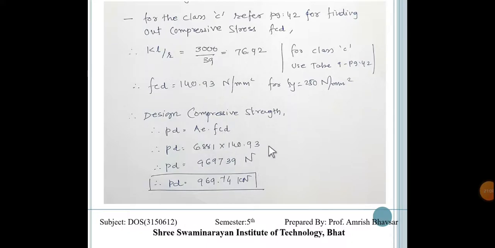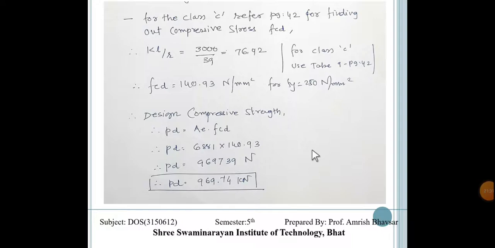Multiplying these two values, we will get 969.74 kilonewton. This much load can be carried by the ISA 200 by 200 by 18.